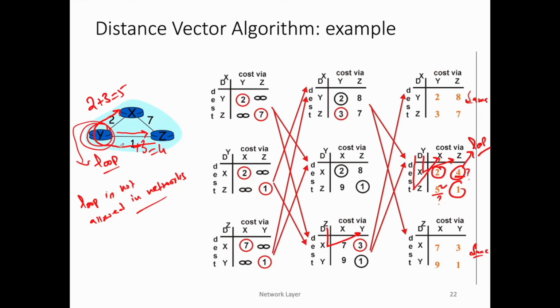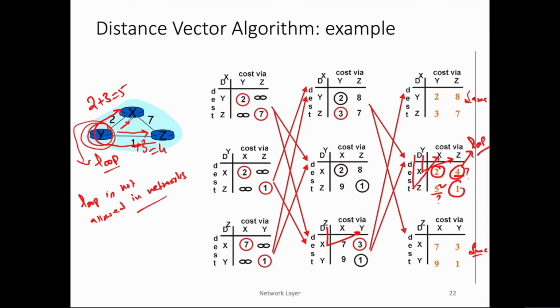This again involves a loop. If this path is selected, Y will first send a message to X, and then at X we see the cost to reach from X to Z is 3, which is the shortest cost via Y. So if Y selects this path, Y will first send the message to X, and X will again send it to Z via Y, and again there is a loop at Y, right?